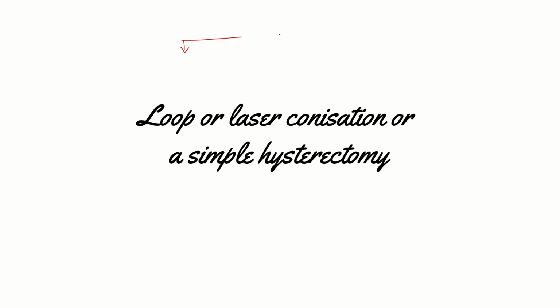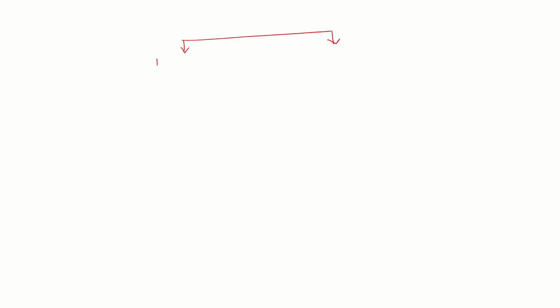So what is early and advanced cervical cancer? What stages come under this? In early, it is FIGO stage 1A, 1A1 and 1A2, stage 1B1, 1B2.